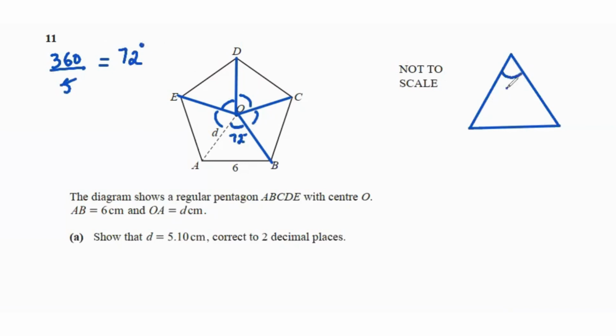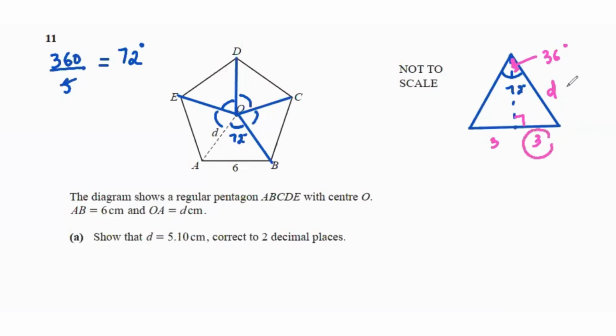So if this is 72, that means half of it will be 36. And this half will be 3, this half will be 3, this is D. It's a 90-degree angle. Since it's a right angle triangle, we can use SOHCAHTOA.